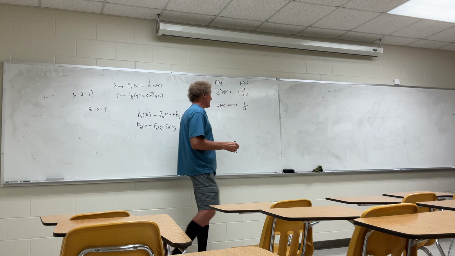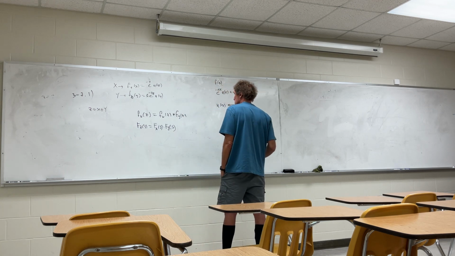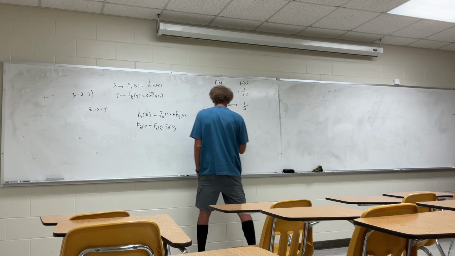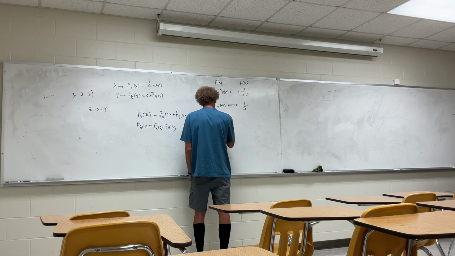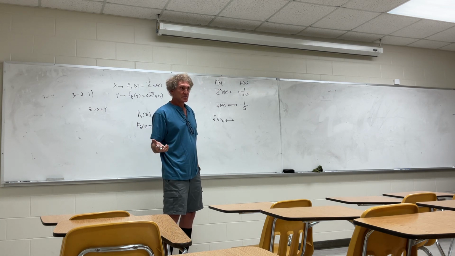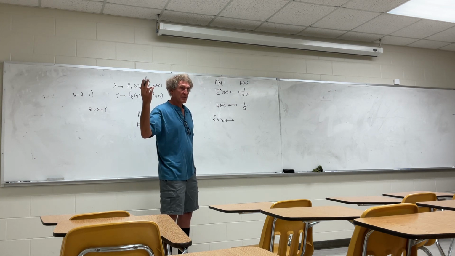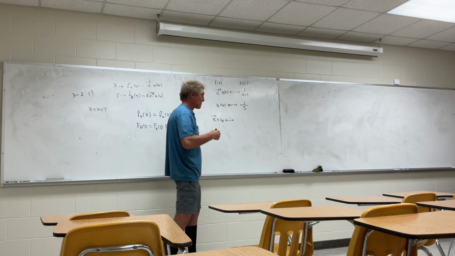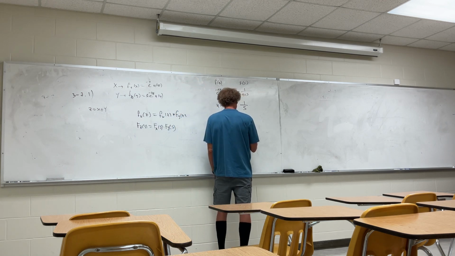So when we have these functions right here, if I have e to the minus x u of x, then what does that transform as? 1 over 1 plus s. Does everybody see that? The coefficient of x is 1 up here. So it's going to be 1 over s plus 1.